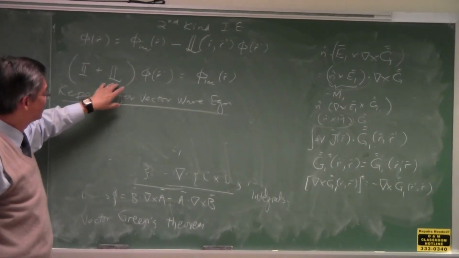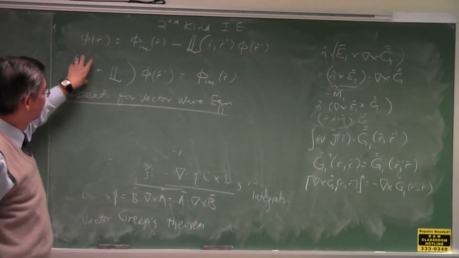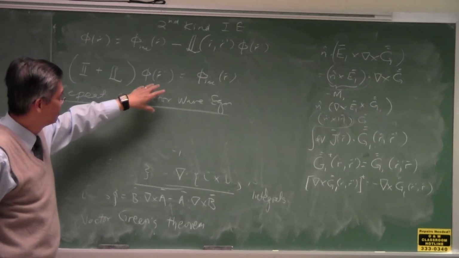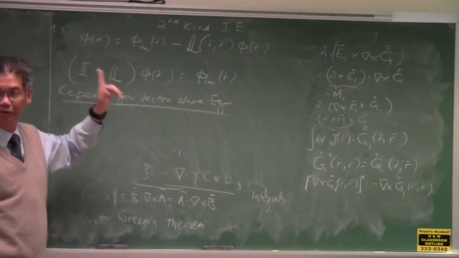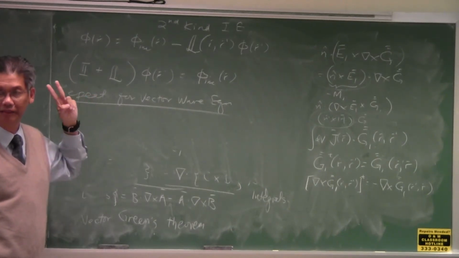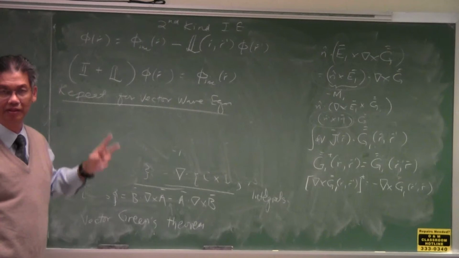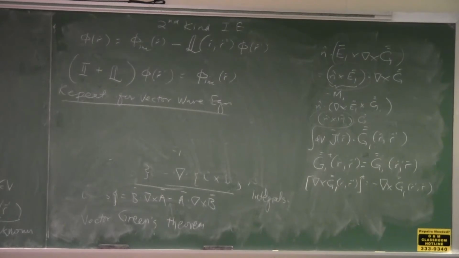And when this is compact, this will be an operator that maps from one space to another space, and the two spaces are the same because of this identity operator. That would be called the second kind integral equation. There's another definition of second kind integral equation.